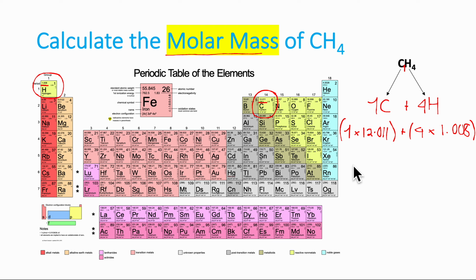We do this, so we have 12.011 plus around 4.03, and we get the answer as 16.05. So that's how you calculate the molar mass, or the molecular weight, of CH4.